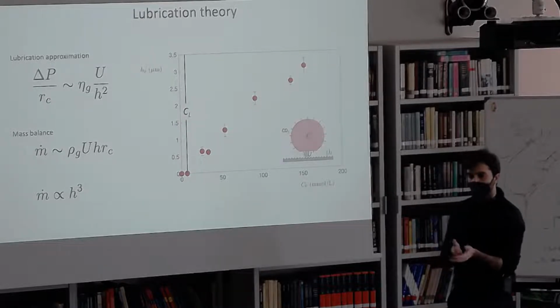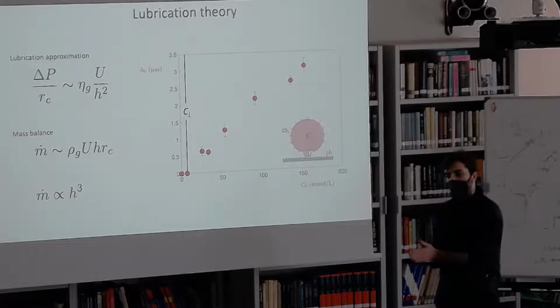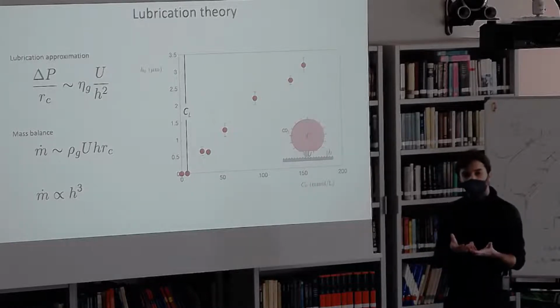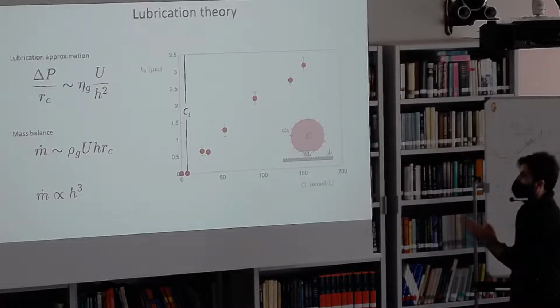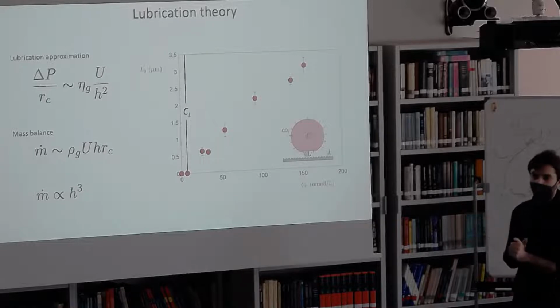So the thickness will be reduced because the flow rate is smaller, like the amount of CO2 you generate is smaller. The difference between Leidenfrost and those fizzy drops is that you have much less fuel to provide levitation.